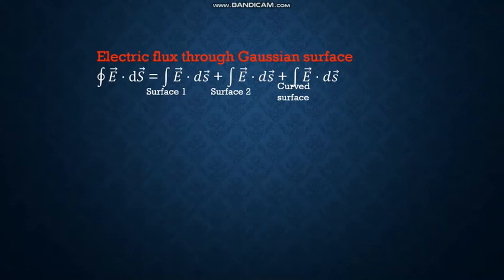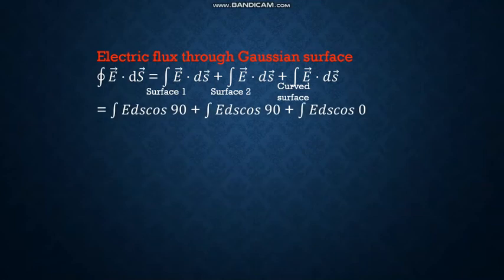For surface 1 and 2, the electric field is perpendicular to the area vector, so theta is equal to 90 degrees, and for the curved surface the electric field is along the direction of the area vector, so theta is equal to 0 degrees. So we have cos 90 equal to 0 and cos 0 equal to 1, so we get E integral ds.